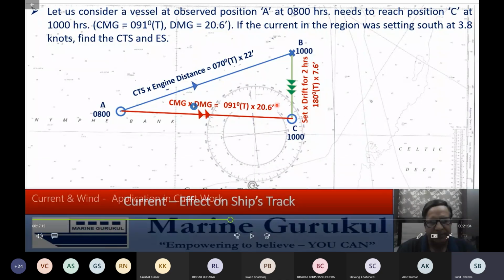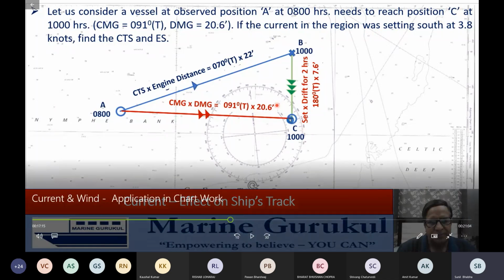So now the question is slightly changed, beta. In the previous question, we were steering a particular course. We were having some current affecting us, and we wanted to find our final position. In this question now, there is a slight change. We know that we have to reach our destination, which is at point C. So our final position is fixed.